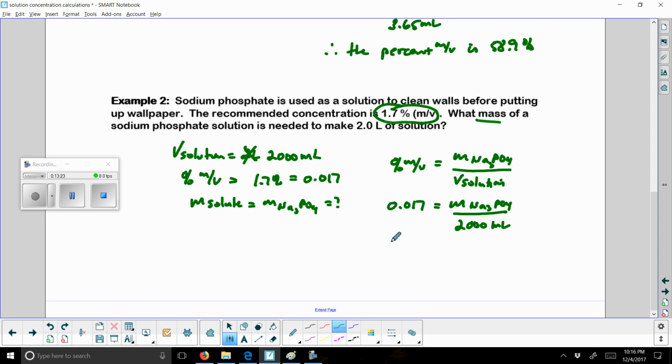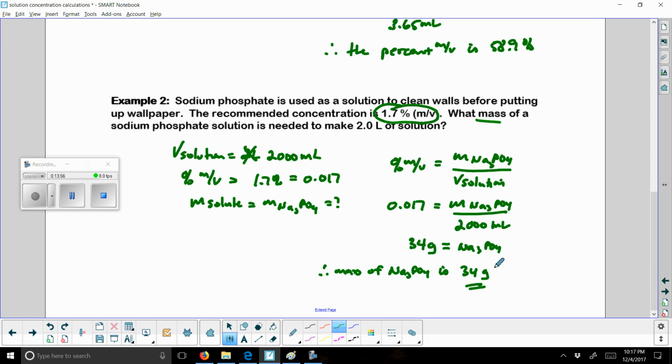I will do a little bit of simple math. We end up with 34 grams of sodium phosphate. And with how many significant digits? Looks like 2 significant digits. We're done. So basically the mass of sodium phosphate is 34 grams.